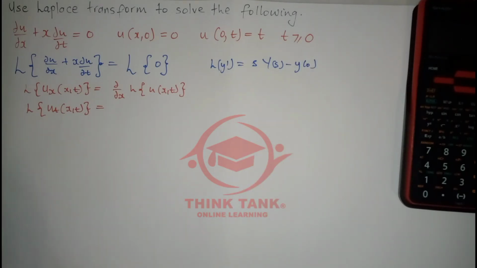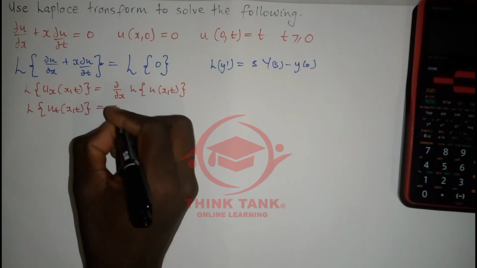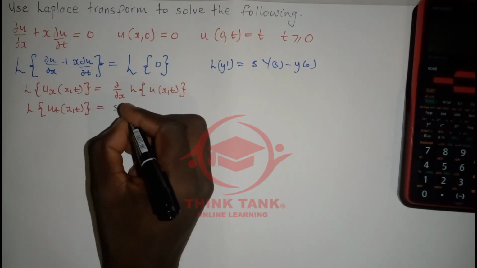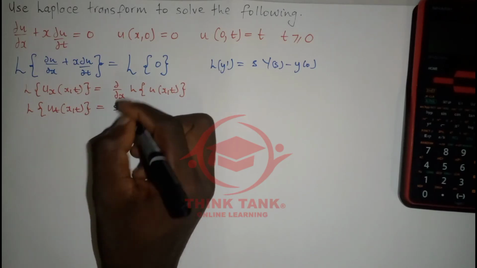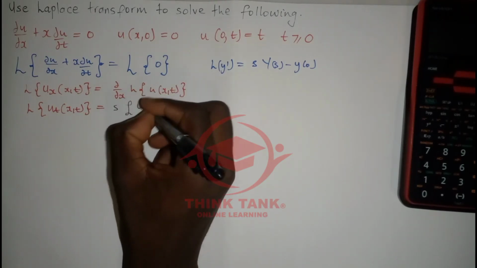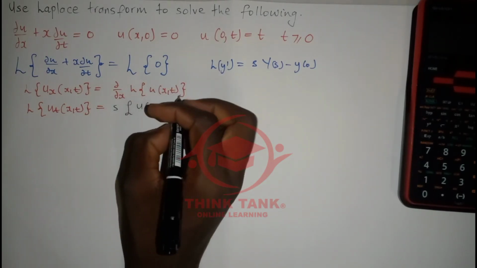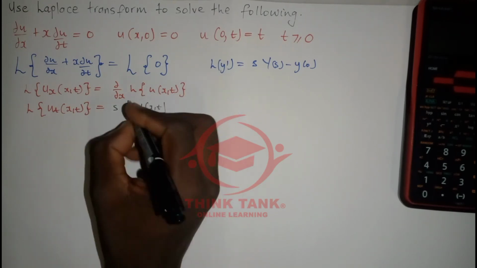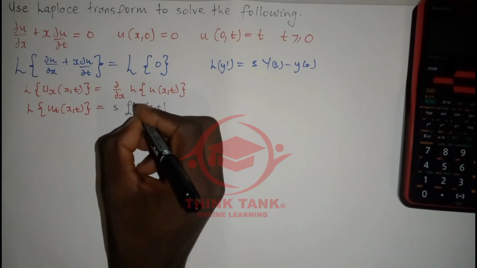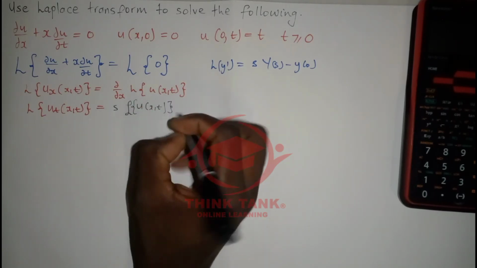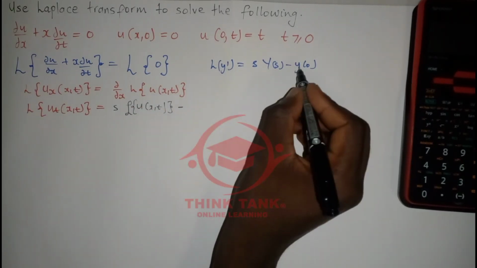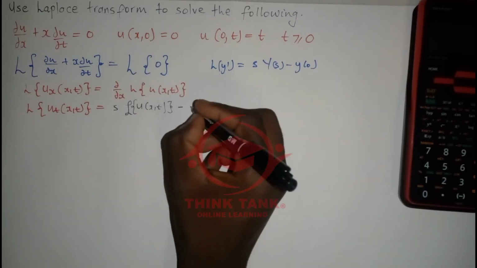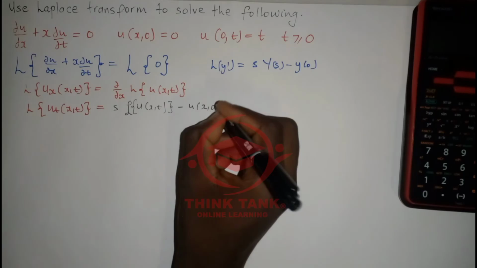So what is going to happen here, we're going to have s times the Laplace transform of u(x,t), minus y(0), that is the initial condition, and in this case it's going to be u(x,0).